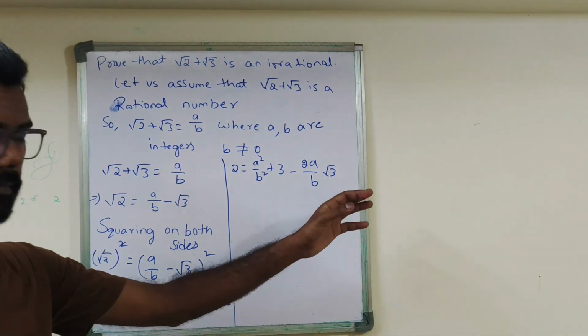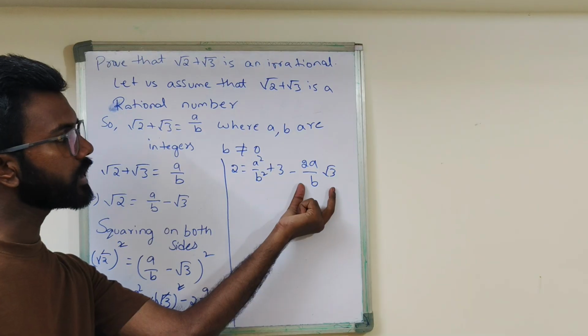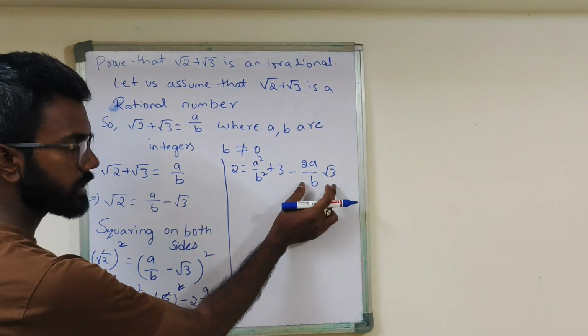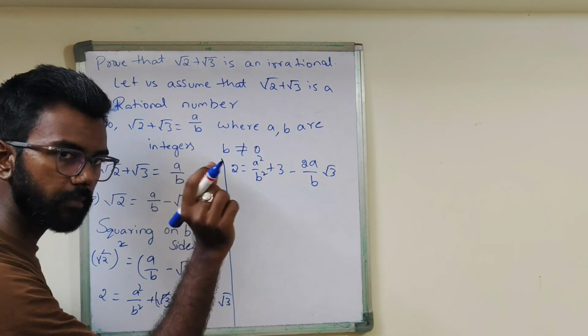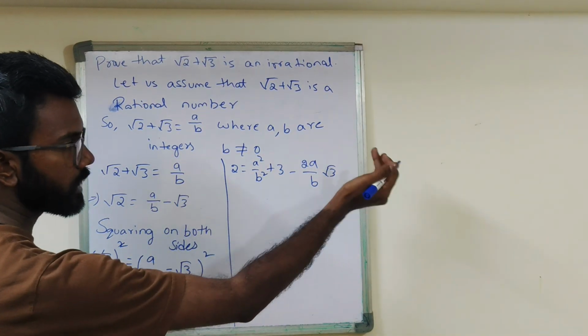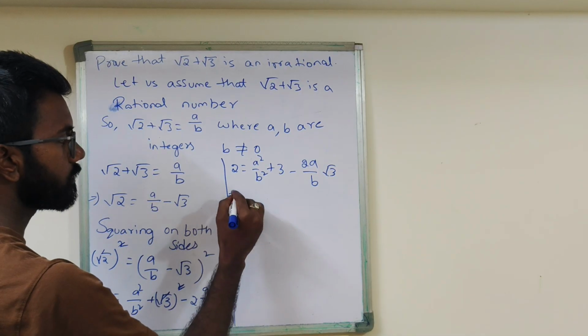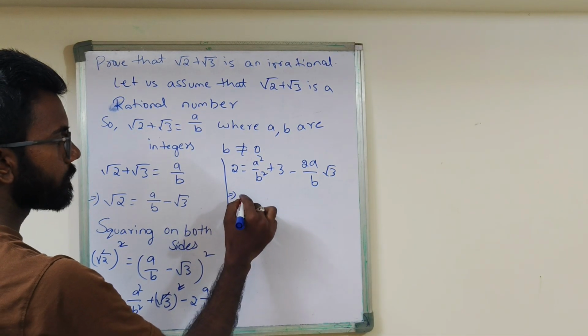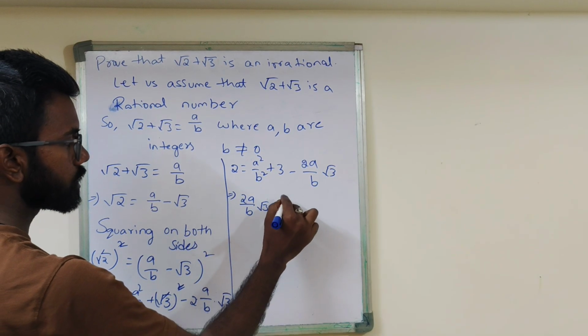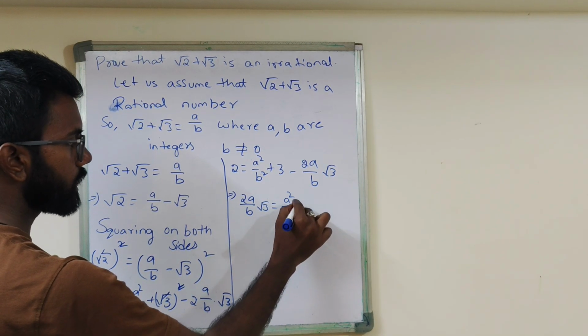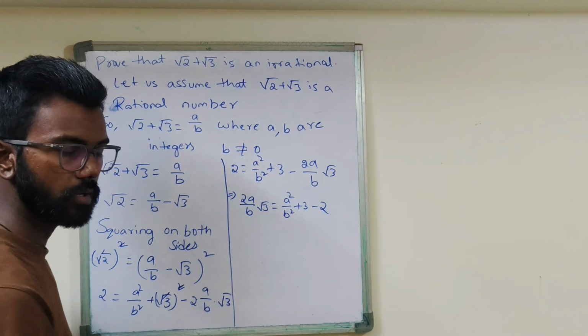What I'm doing now is this negative term, minus 2a by b root 3, transposing to the left side. Next, these two numbers transposing to the right side. What will it be? 2a by b root 3 is equal to a square by b square plus 3 minus 2.